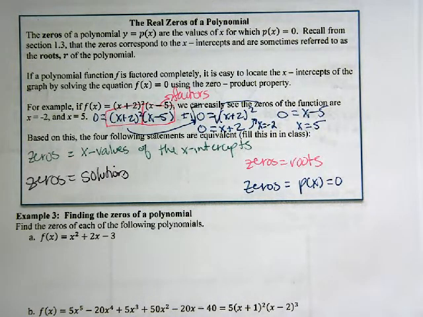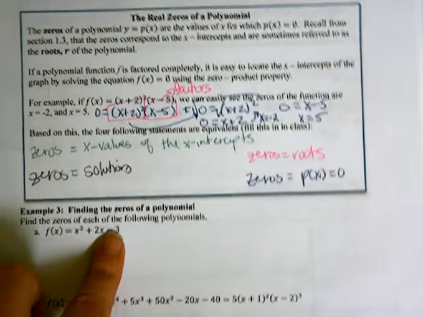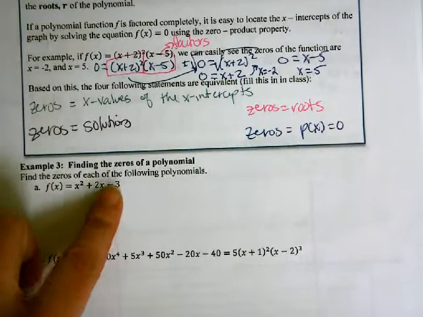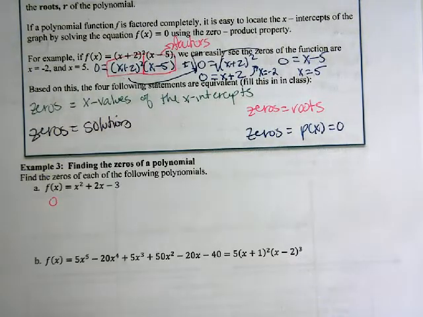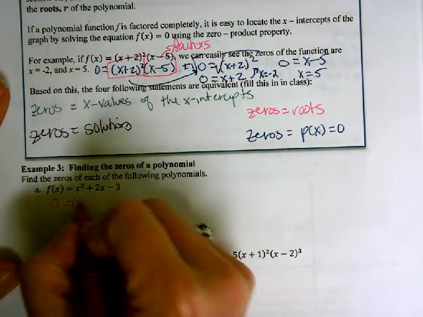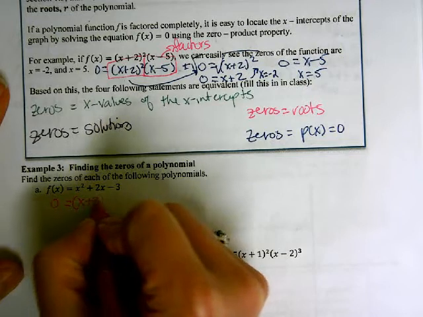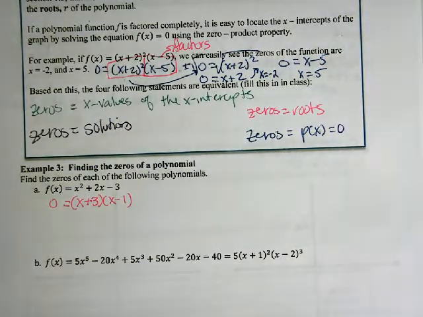Speaking of, I have a polynomial. It is a second-degree trinomial, so using some of those vocab words, I'm going to ask you to find the zeros. What you need to do is trade your f of x value for a 0 and factor what multiplies to be -3 but adds to be +2. That's (x + 3)(x - 1).